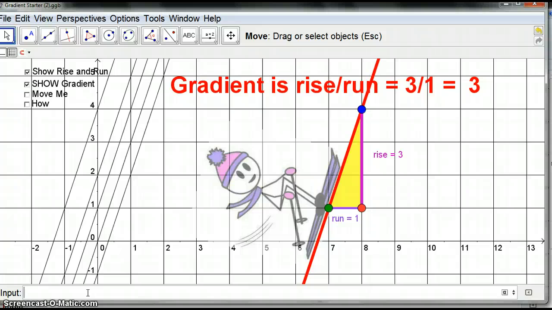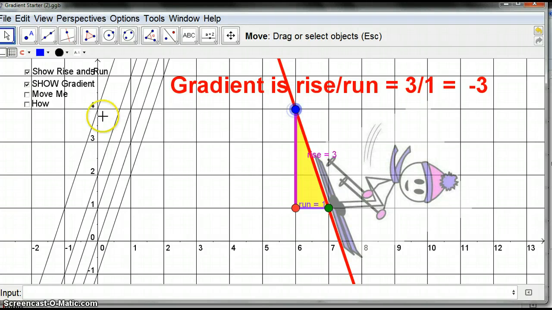Yeah. Now can you give me ones with the slope this way, but going through the 4? So we're going to have a negative, what's this gradient? Negative 3. So we're going to go y equals negative 3x plus 4. There we go. Y equals negative 3x plus, I want it going through here, plus 2.